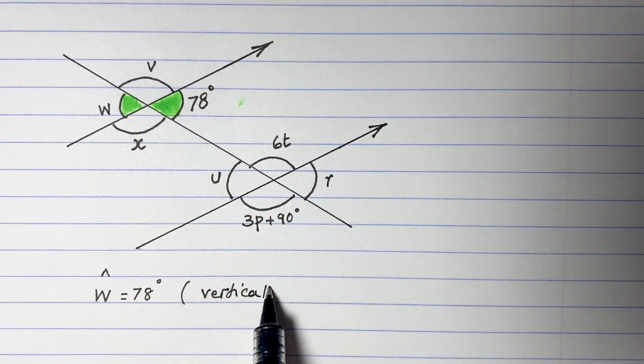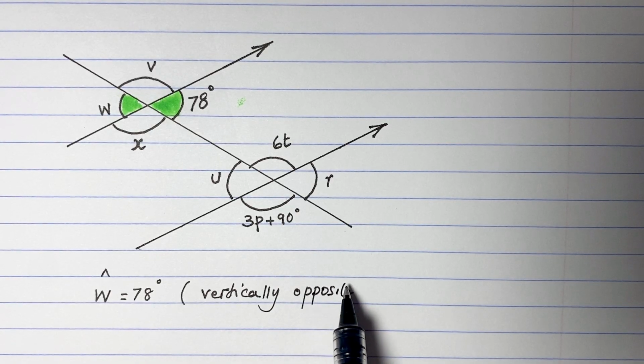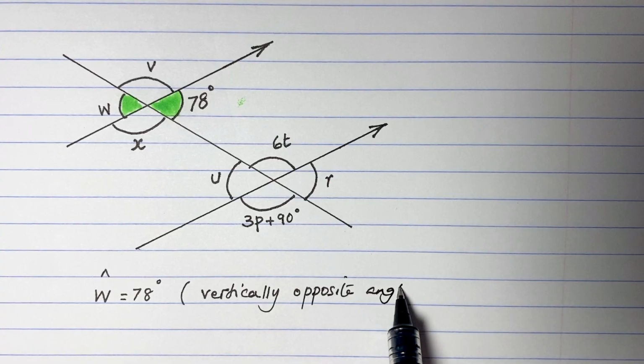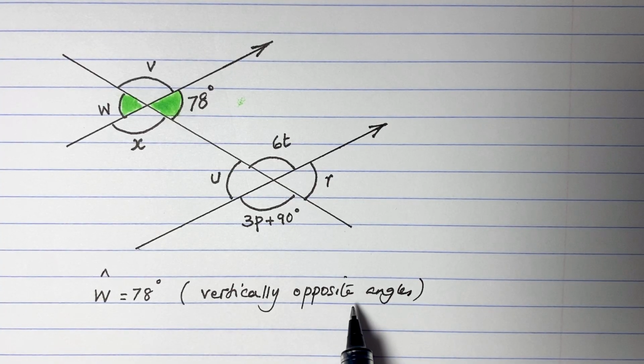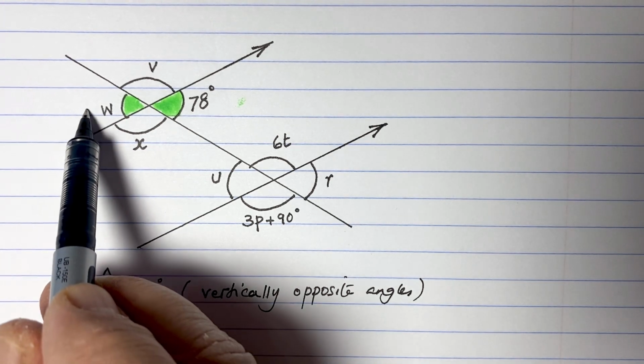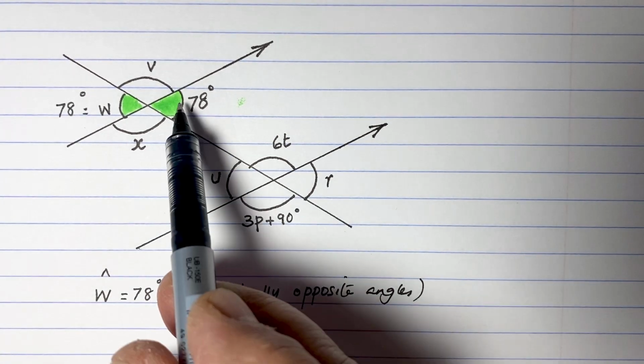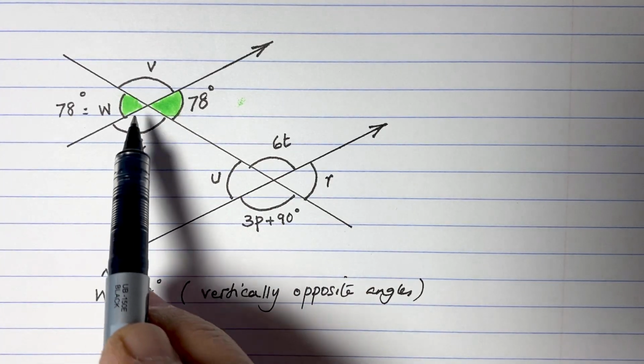Vertically opposite angles. You don't have to say equals because you've already equaled them anyway. So here, 78 degrees. We can find X or Y here now.